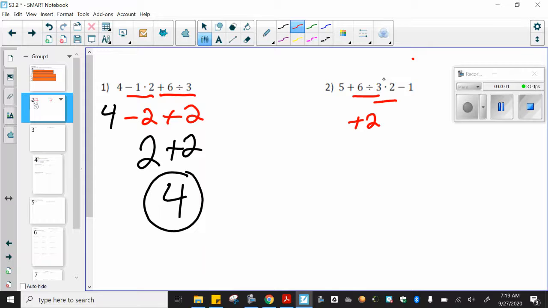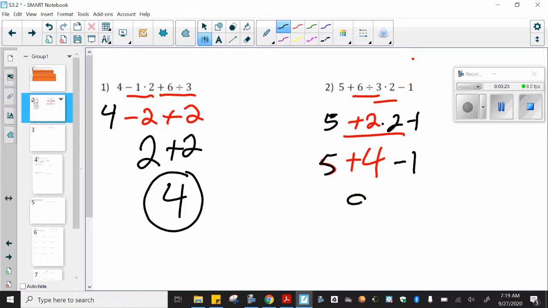But note, we reuse a number, so I would suggest after that, going back and rewriting 5 plus 2 times 2 minus 1, and then going back and doing the next step. Positive 2 times 2 is 4. Positive 4, and bring it down. 5 plus 4 minus 1, and then 5 plus 4 makes 9. 9 minus 1 makes 8.